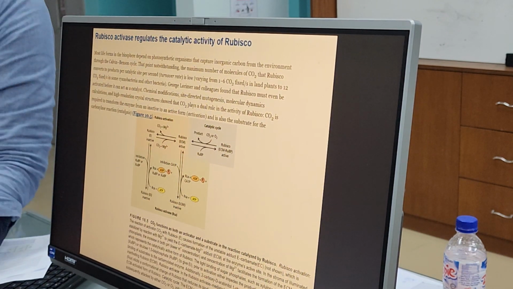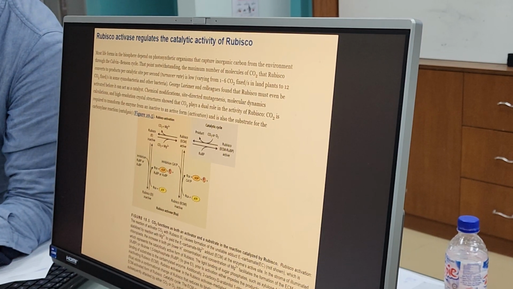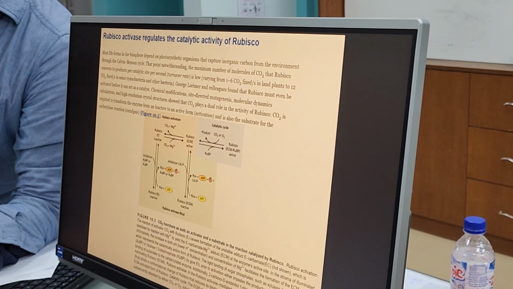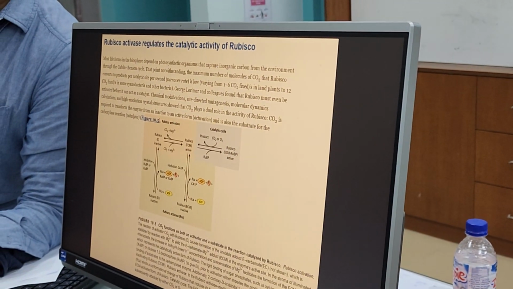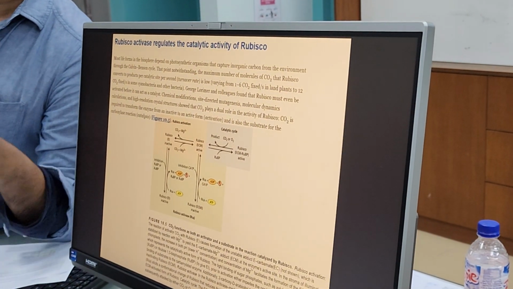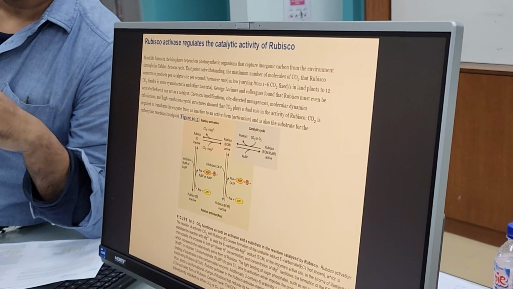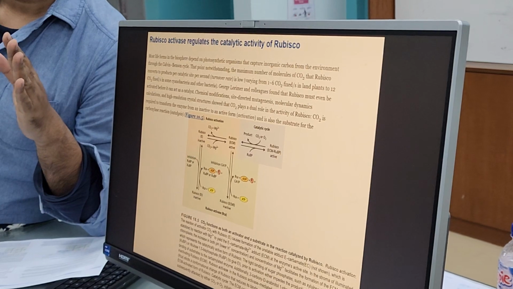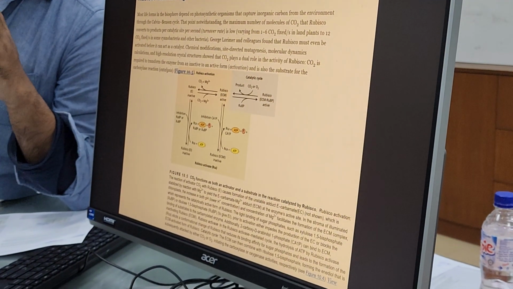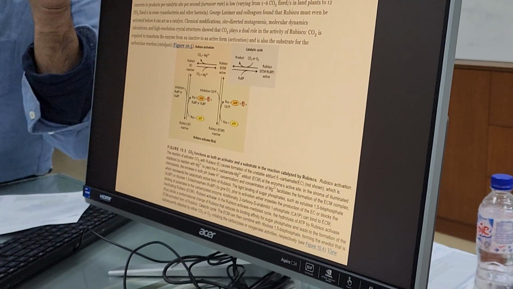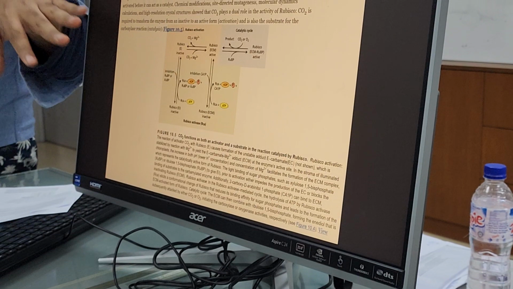If you think about it, sugar is sticky, right? It keeps on going to the places it shouldn't go. So this thing is kind of getting in the way when the time has not come, right? And the plant cell has this mechanism to tell it you can come and interfere when the time has come. So this is the whole reason you are getting this complicated nature of Rubisco.